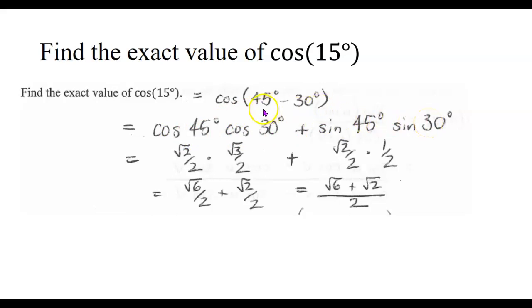Here the u would be 45 degrees and the v would be 30 degrees, so that the u minus v is 15 degrees. So taking the exact sines and cosines that we do know for 45 and 30 degrees, we can end up with the square root of 6 plus the square root of 2 over 2 as an exact value of the cosine of 15 degrees.